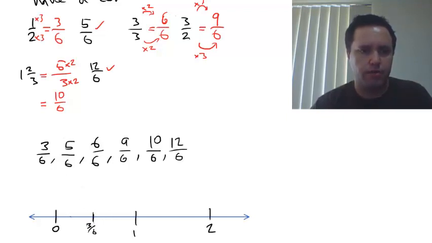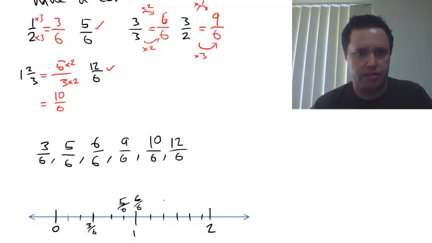You'll probably want to divide all these up into sixths, that's going to help you. So there was our 3/6, here's our 5/6, here's our 6/6, 7, 8, 9/6, 10, and then lastly 12/6. And we can put them on the number line there.